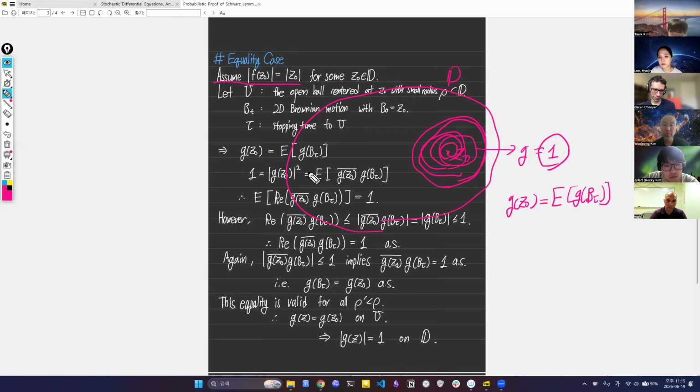So we can expand this scheme, and we get the whole domain, the whole disk.